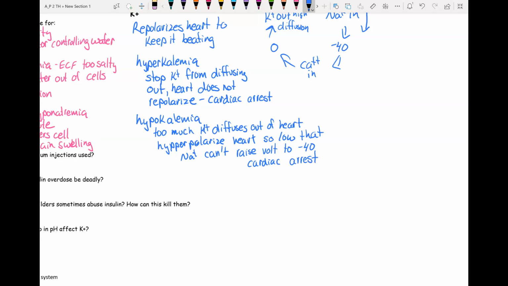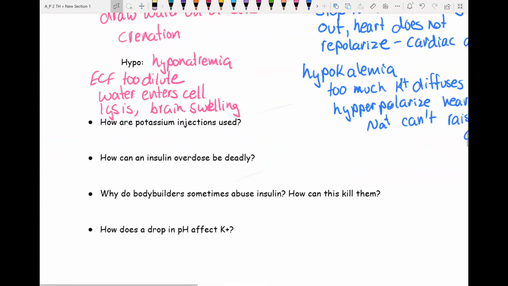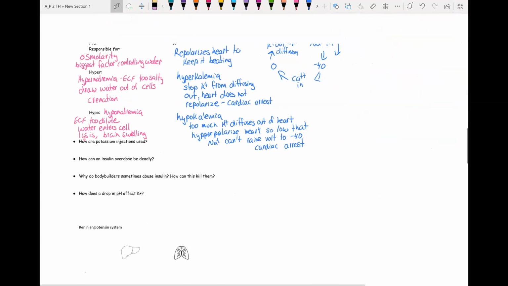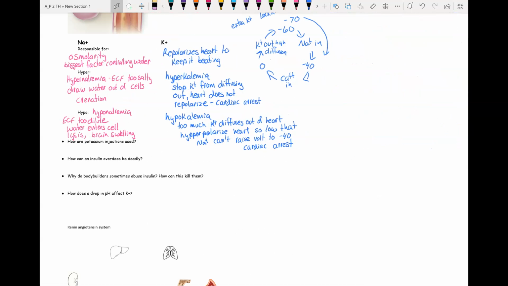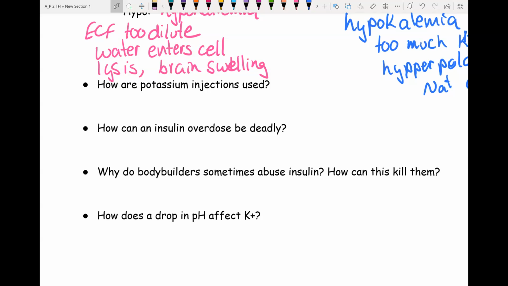So when it comes to potassium, either way, if you have too much or not enough, your heart stops beating. Okay, so then if we think about potassium injections, if somebody injects potassium into your blood, that is going to stop the diffusion of potassium out of the heart, and the heart will fail to repolarize and you will have cardiac arrest. Well, there's two ways we use this.